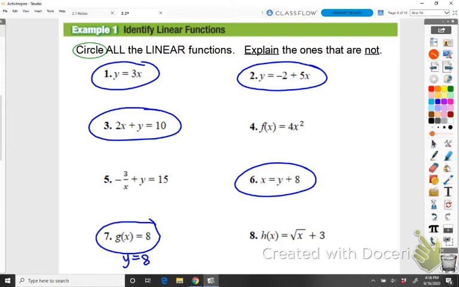So these remaining 3 are not linear, and let's talk about why. So this one had an exponent other than 1. So that one is not. Number 5, this x had a variable in the denominator.